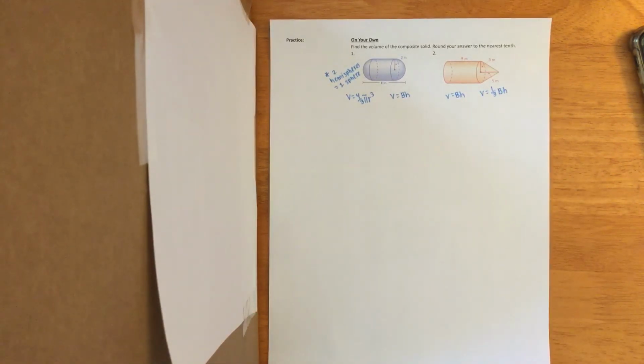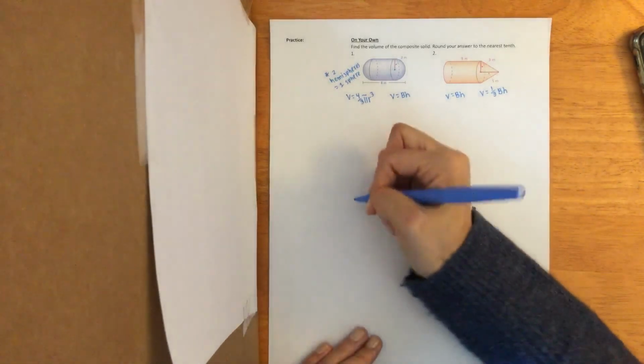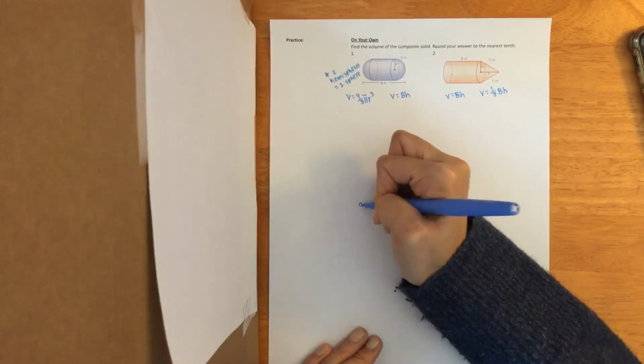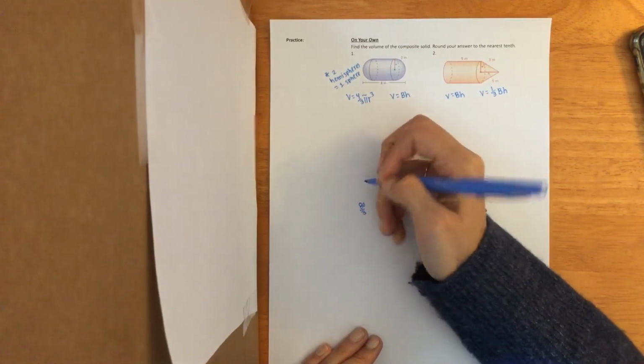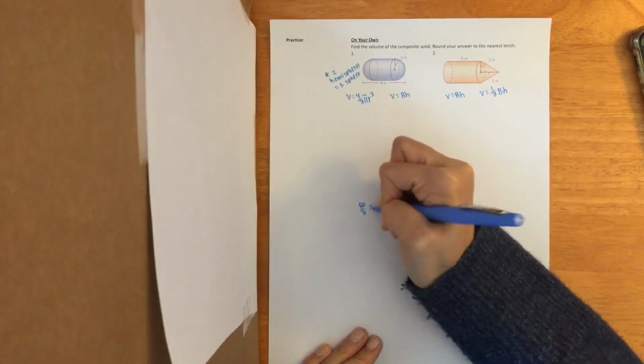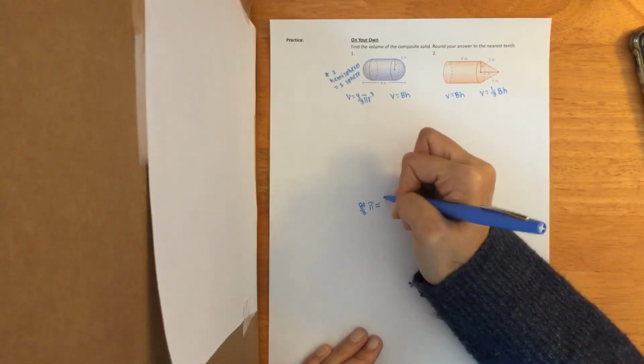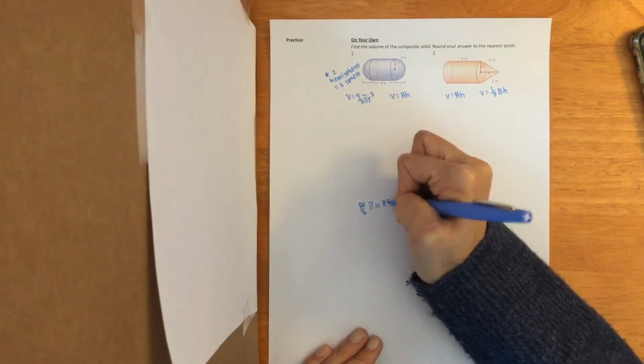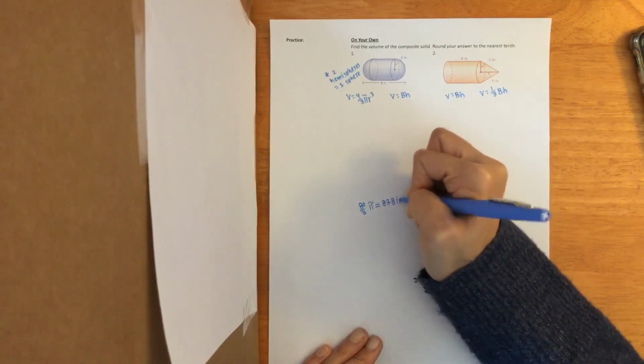All right, and the answer to these problems, let me make sure I have the right ones. Okay, I found them. The answer for number 3 is going to be 80/3 pi, which is about 83.8 inches cubed.